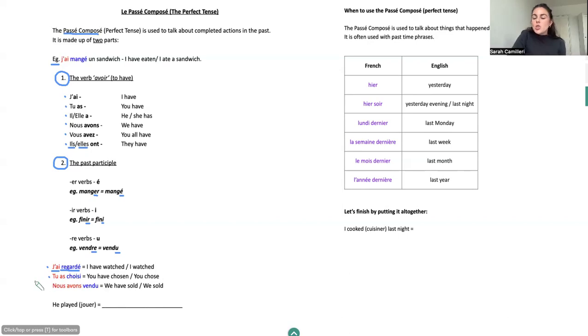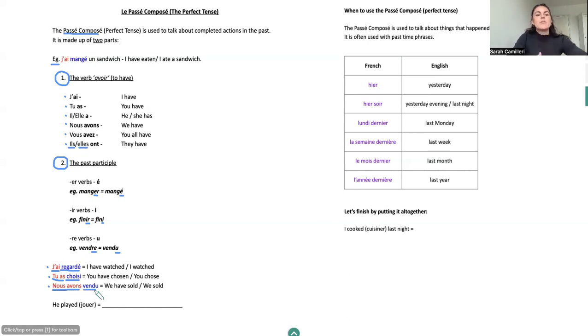We also have tu as choisi, which means you have chosen or you chose. And again, split into two parts, the correct form of avoir and the past participle. And finally, nous avons vendu, we have sold or we sold, split into the two parts, the correct form of avoir and the past participle.